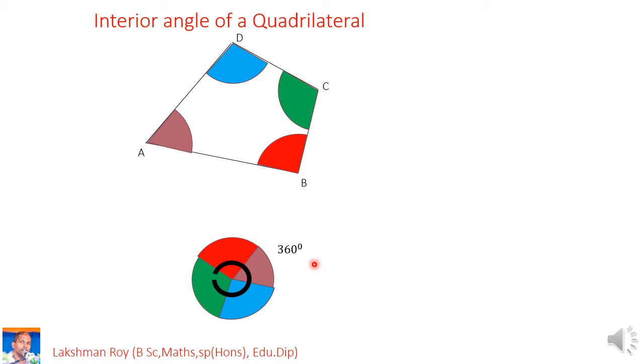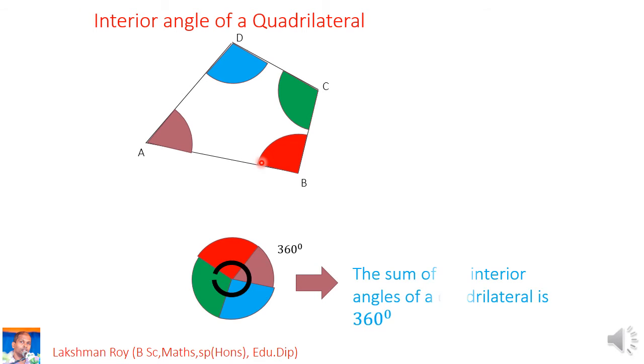So that means in a quadrilateral, the sum of these four angles is 360 degrees. Sum of the interior angles of a quadrilateral is 360 degrees. So remember that one.